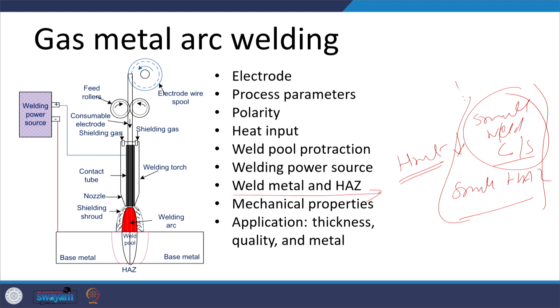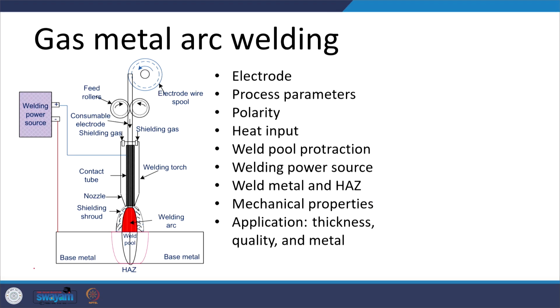Both these are the undesirable thermal damage that takes place in the base metal. The weld cross section produced by the GMAW process is narrow, and HAZ is also narrow. So, both are favorable as compared to that of the SMAW and SAW processes, and this difference primarily comes from the net heat input.